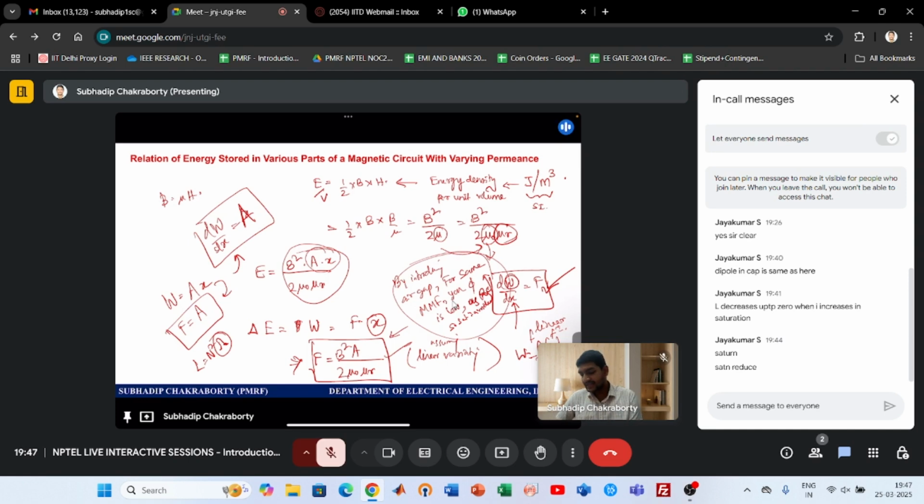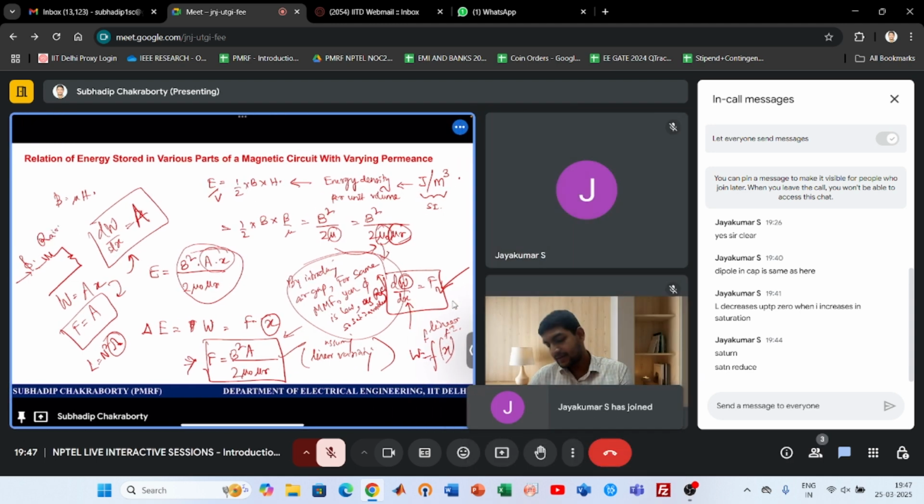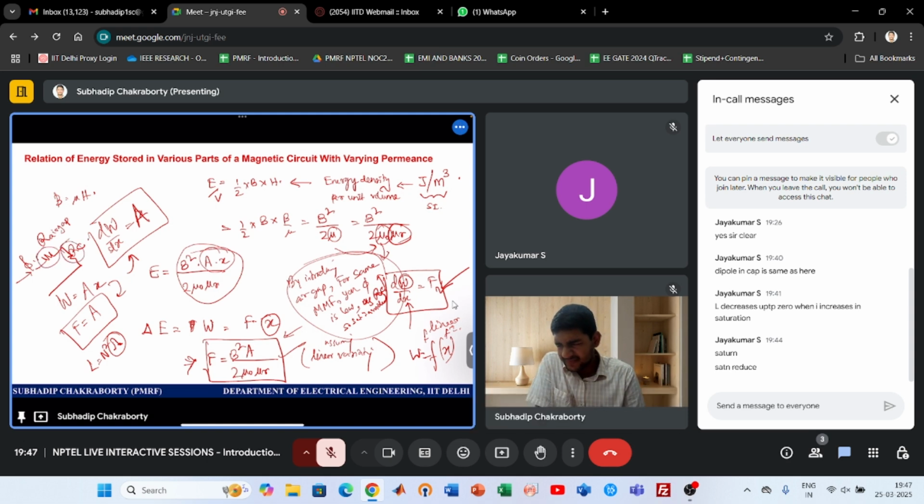And also one point: for the same flux, you now have the reluctance of the air gap and the reluctance of the core. For the same flux, you have two elements in series, like the electrical circuit representation of the magnetic circuit. Now the maximum MMF drop will happen across which element?